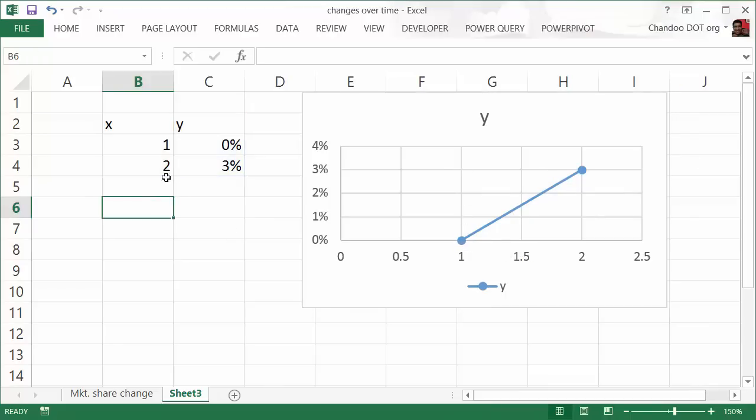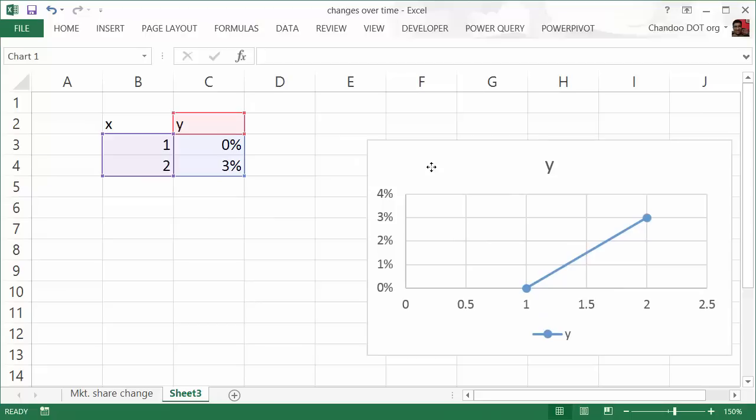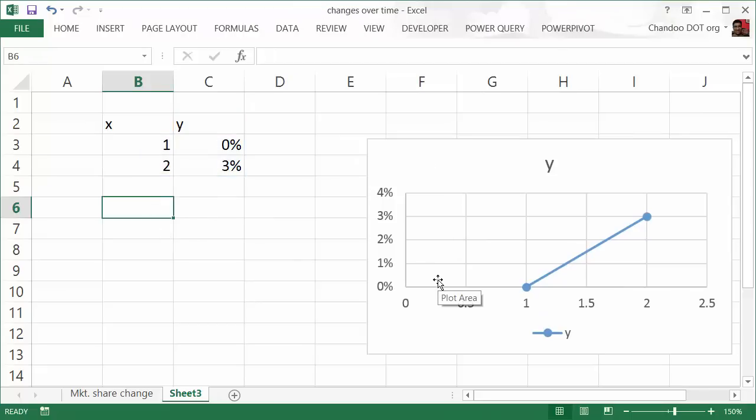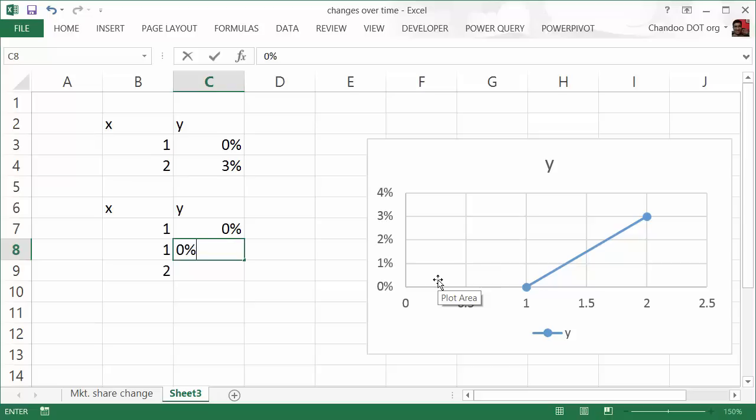To do that, instead of that data, we recreate a new data set that has this new picture. So we have 1 and 2, and then we have 0% here, 0% here as well.